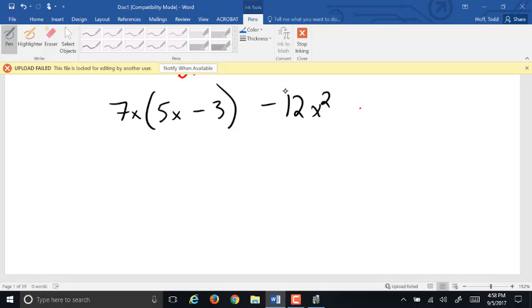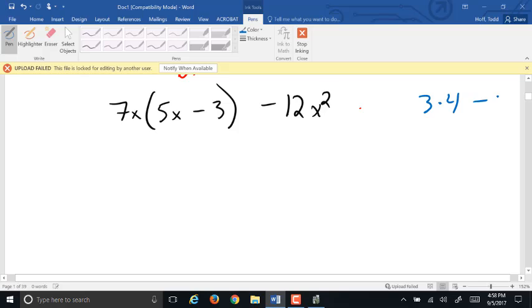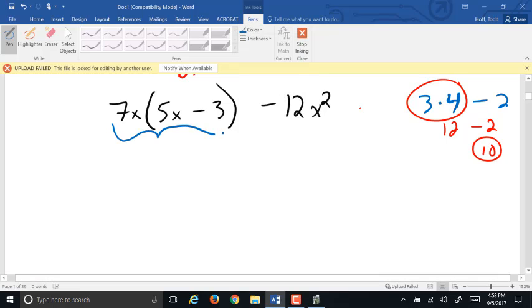It looks more complex, but it's really nothing different than like 3 times 4 minus 2. You have to multiply first. 3 times 4 is 12, and then subtract the 2, which gives you 10. Same thing has to happen here. We have to multiply first: 7x times the 5x minus 3.